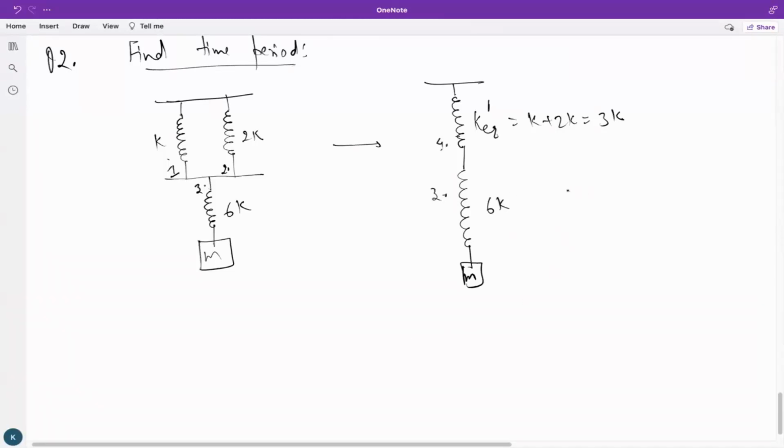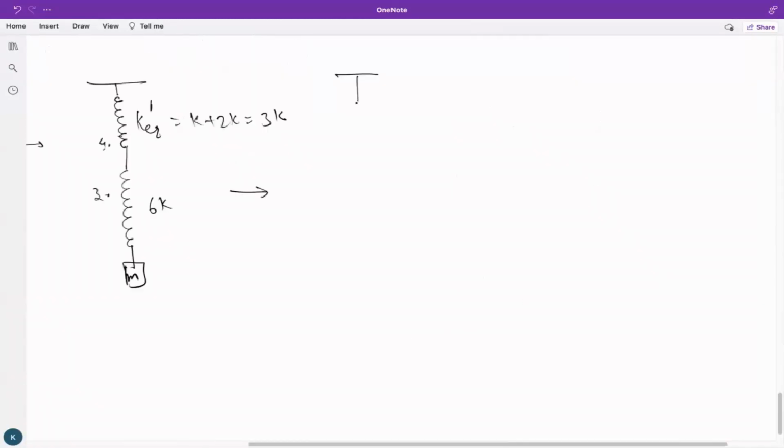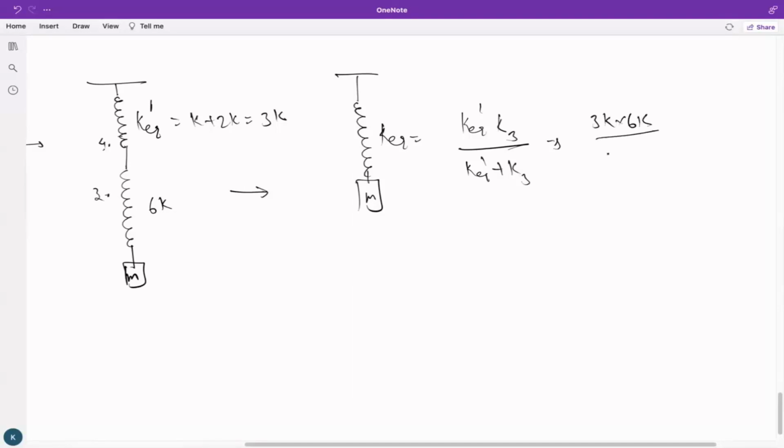So we can write this as a single spring block system. Here the k equivalent is equal to k equivalent dash into, let me call it k3, by k equivalent dash plus k3. And what is the k equivalent dash value? It will be 3k into 6k divided by 9k. So it will be 2k.